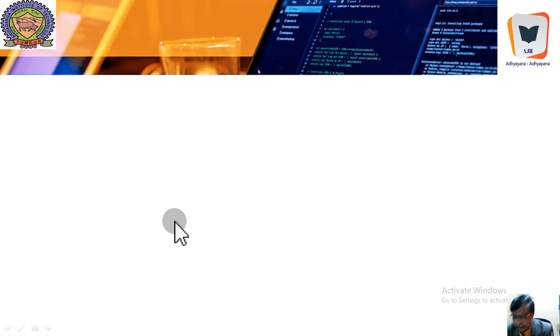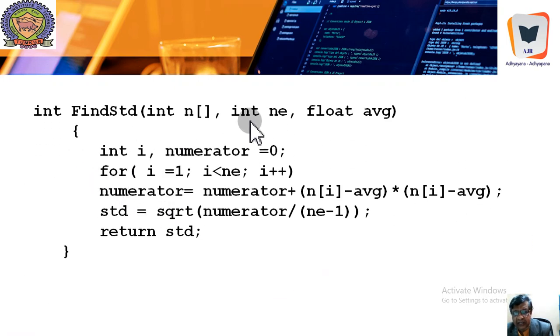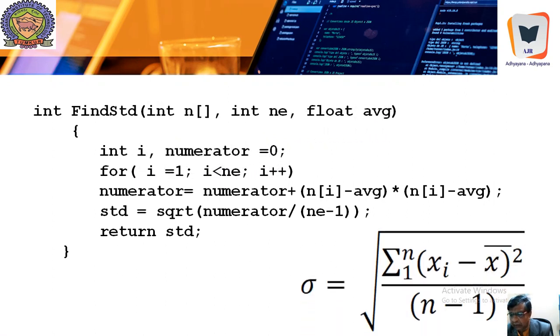So this function has returned average, and here it is used over here: integer n, integer ne, float average. Here we have a numerator because the formula is this: we generate this numerator, divide it by n minus 1, and take the square root to get the standard deviation. So numerator is set to 0, numerator equal to numerator plus n of I, that is xi, each and every element, minus their own average, into n of I minus average.